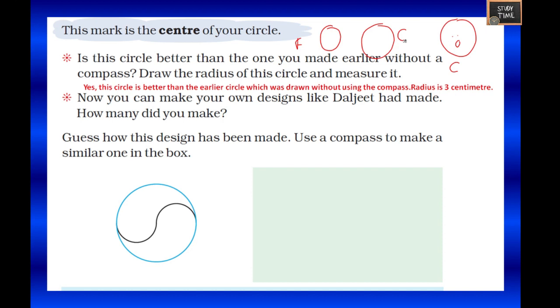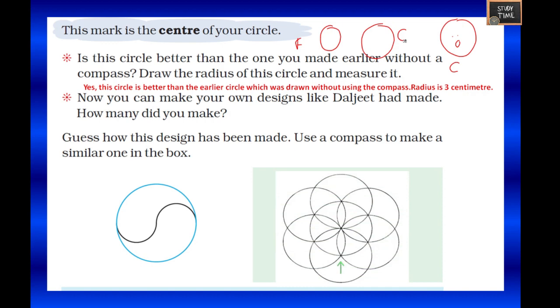Obviously, the circle drawn with the compass will be better. The radius you can measure and write it. Now you can also make your own designs like Daljit has made. So you can make some designs like this with a circle.